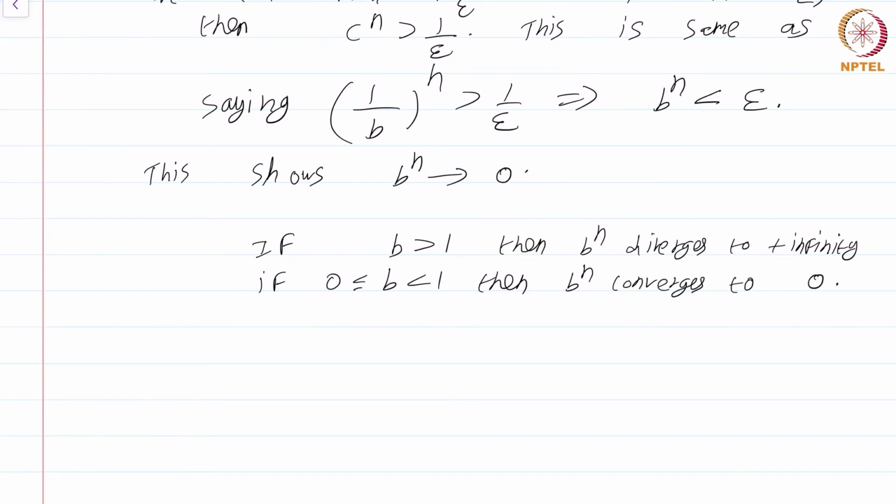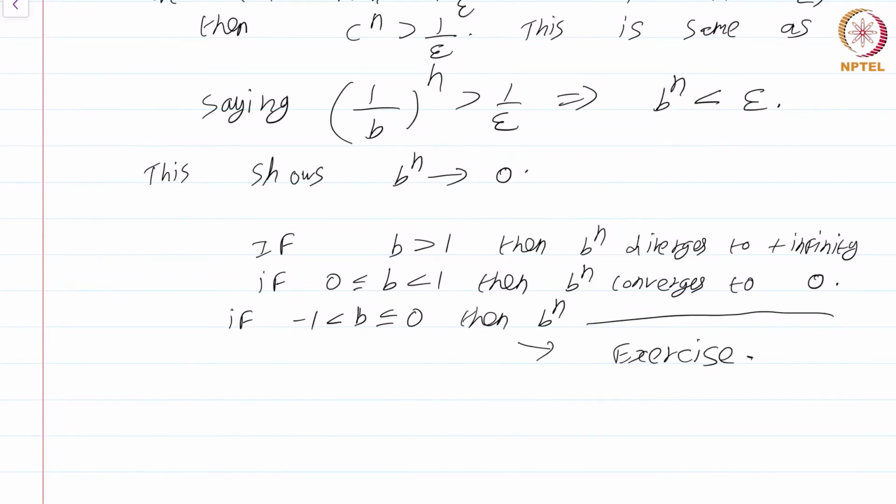Okay. Now, if minus 1 is less than b less than or equal to 0, then b power n again converges to 0. Why is this? Well, I'm going to leave it to you. Exercise. Okay.